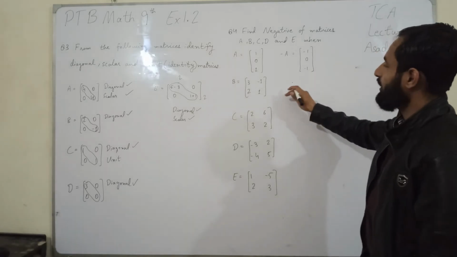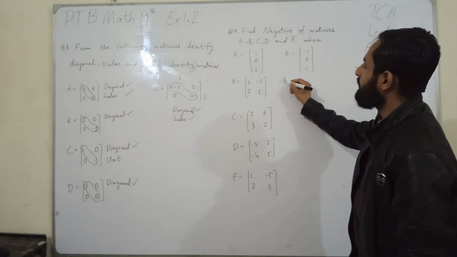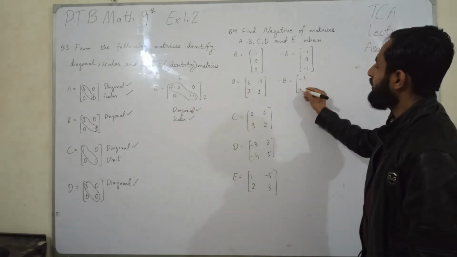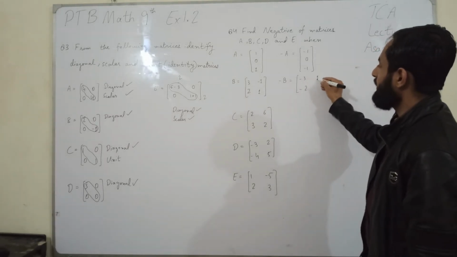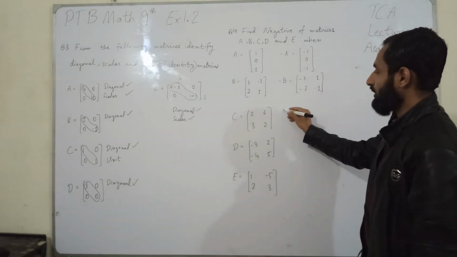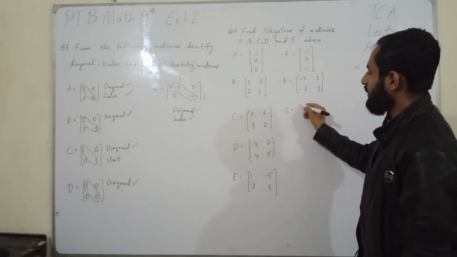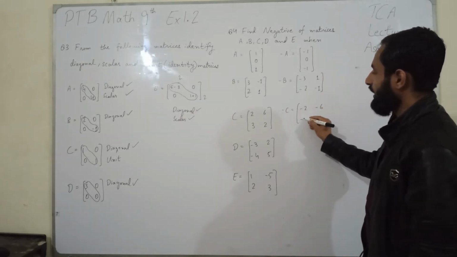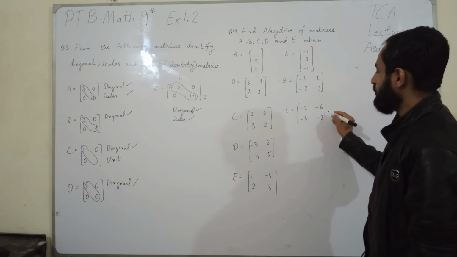For matrix B, the negative of B would be negative B is equal to negative 3, negative 2, 1 and negative 1. For matrix C, negative C is equal to negative 2, negative 6, negative 3 and negative 2.